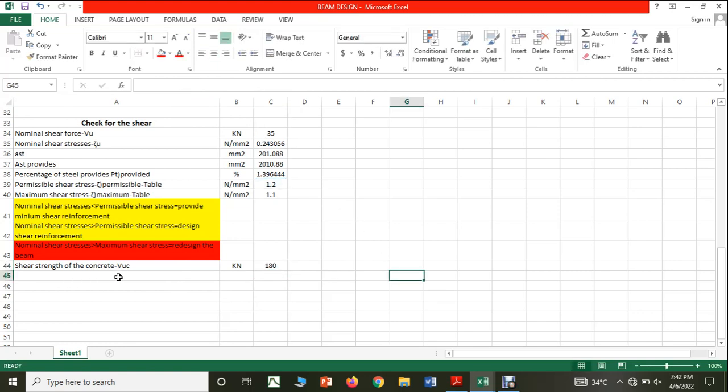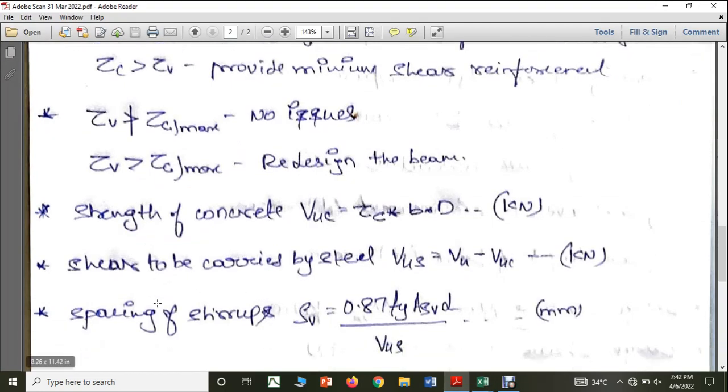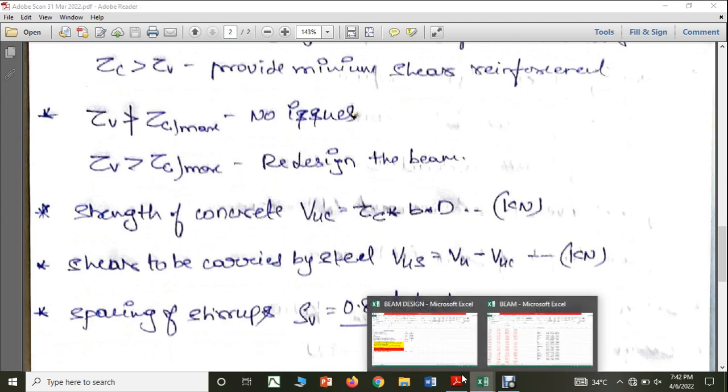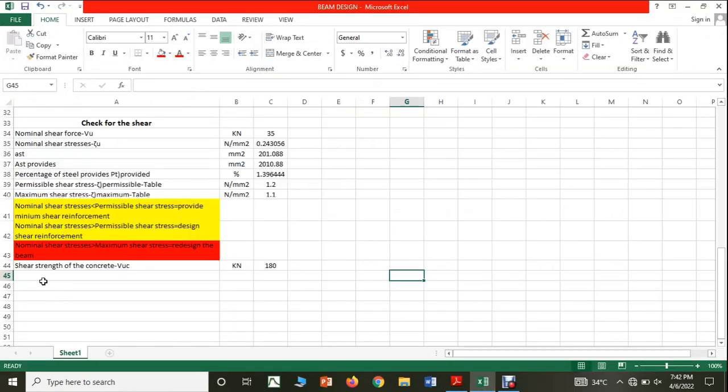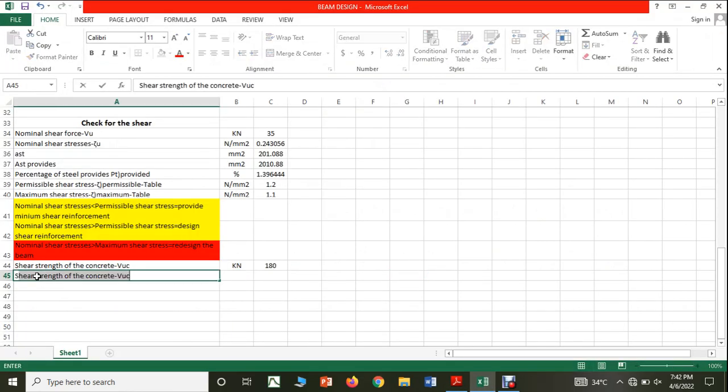So once you get the shear strength VUC, the next step is the shear to be carried by the steel, VUS. Sorry, not concrete, VUS, the shear to be carried by the steel.